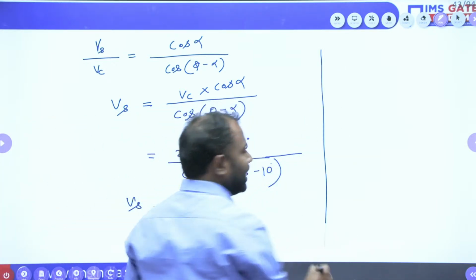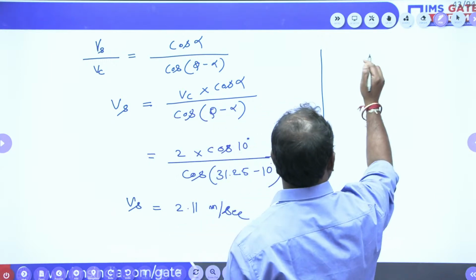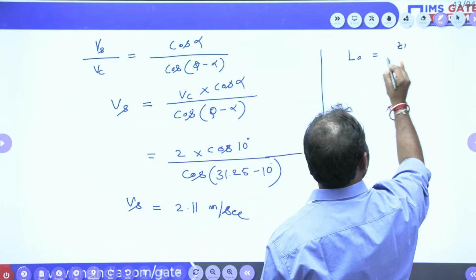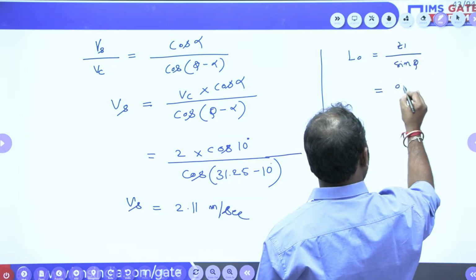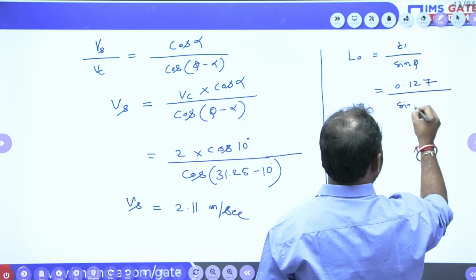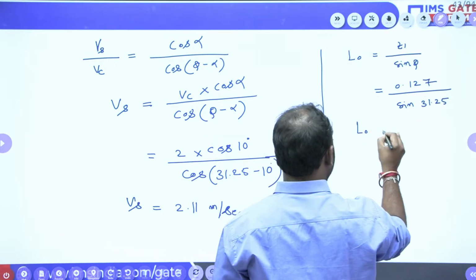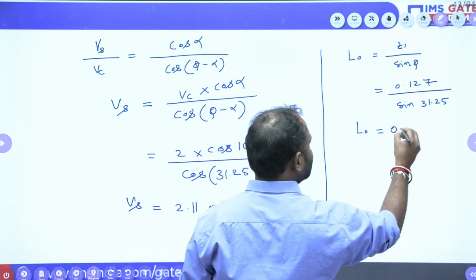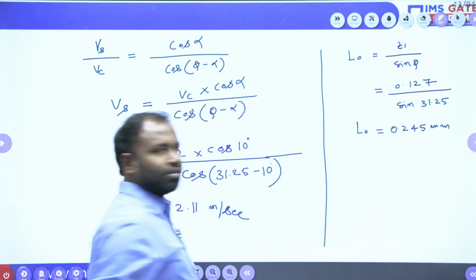Similarly, the shear plane length is T1 by sin phi. T1 is 0.127, and sine of 31.25 gives a shear plane length of 0.245 mm.